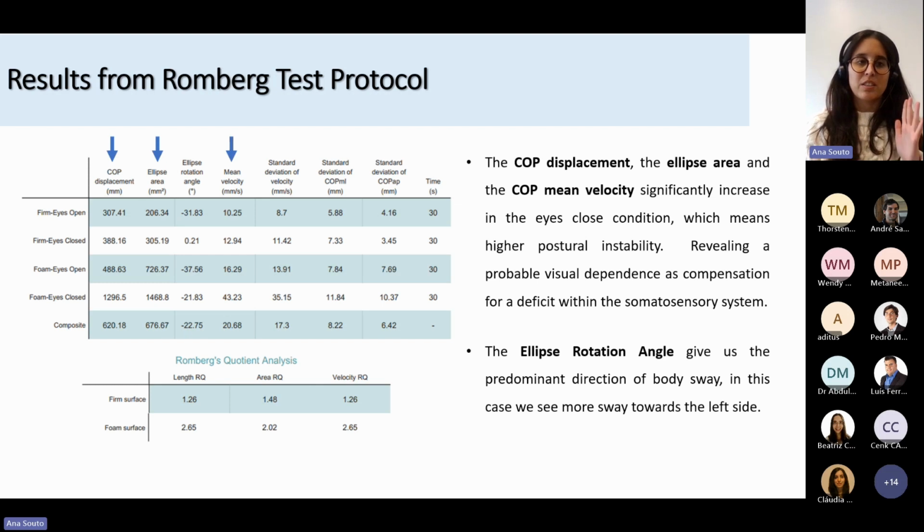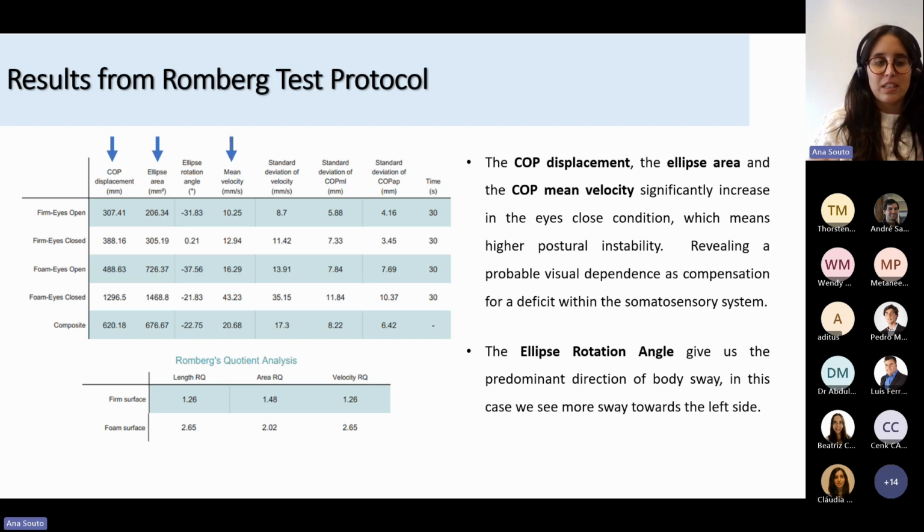So it's the COP displacement, the ellipse area, and the mean velocity. However, I also have here the ellipse rotational angle that gives us the possibility to characterize the type of swaying.